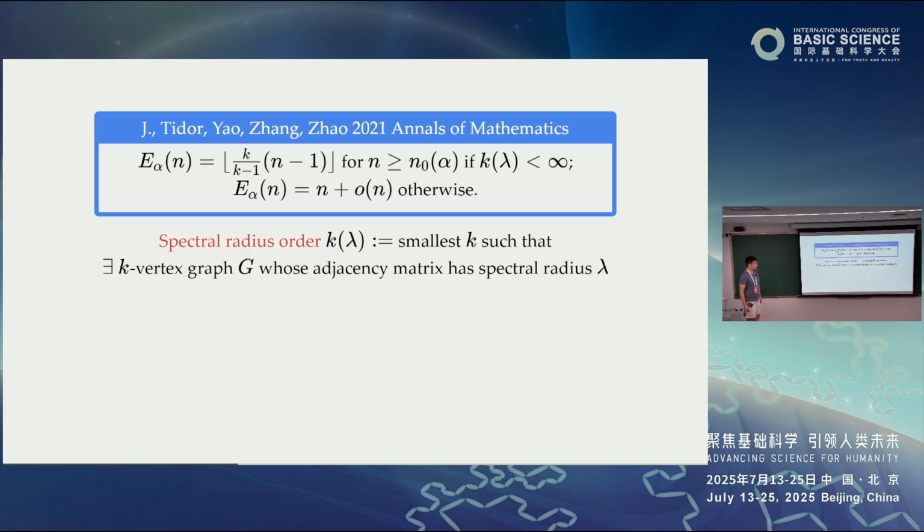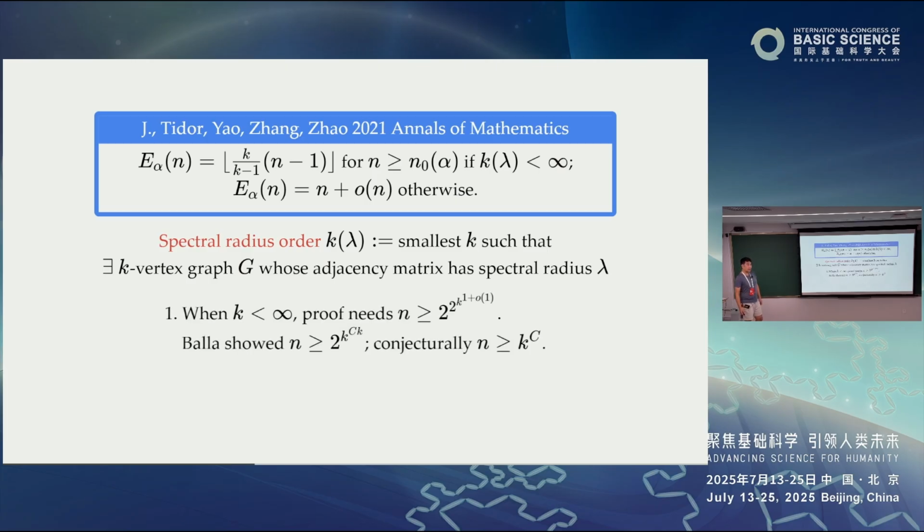So again, here's the result and the definition of a spectral radius order. A couple of remarks. When k, the spectral radius order, is less than infinity, our result gives this formula which holds for large n. And from the proof, we really need very large n.